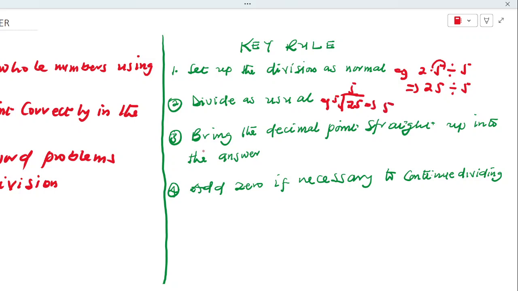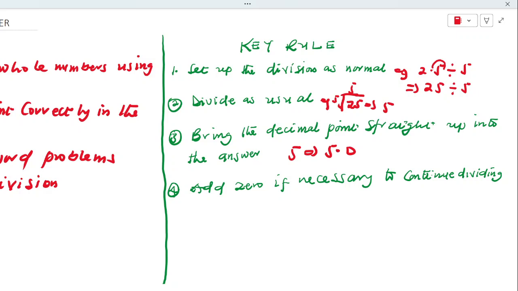Now you come to point 3. Bring the decimal point straight up into the answer. Now you've gotten 5, which is the same as 5.0. What it means is that you moved the decimal point one time to the right here. So now that you got the answer, you bring it back to where it was.